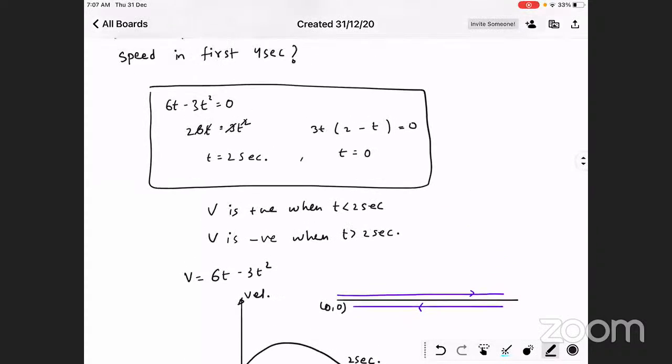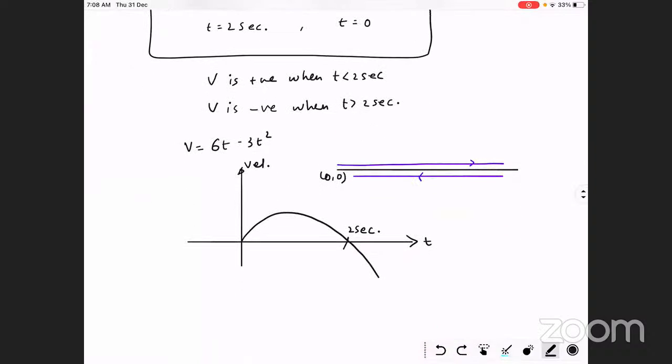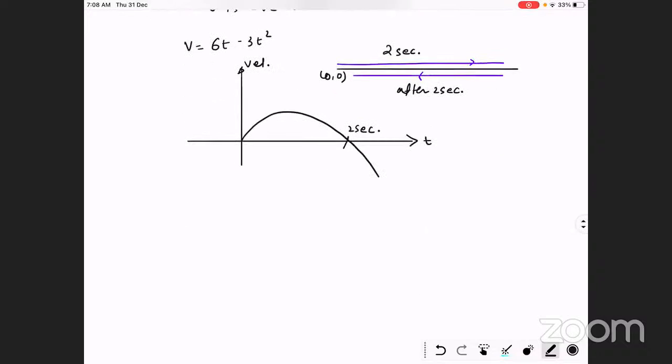We have not calculated anything. We are just trying to understand velocity, children. And we learned in velocity that till 2 second it is going away from origin, and after 2 second it is coming back towards origin. Could you understand that? Yes. Okay, now let's find function of displacement.